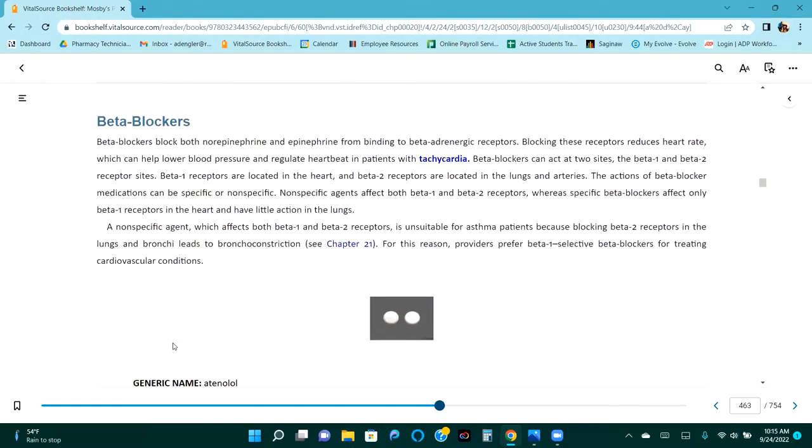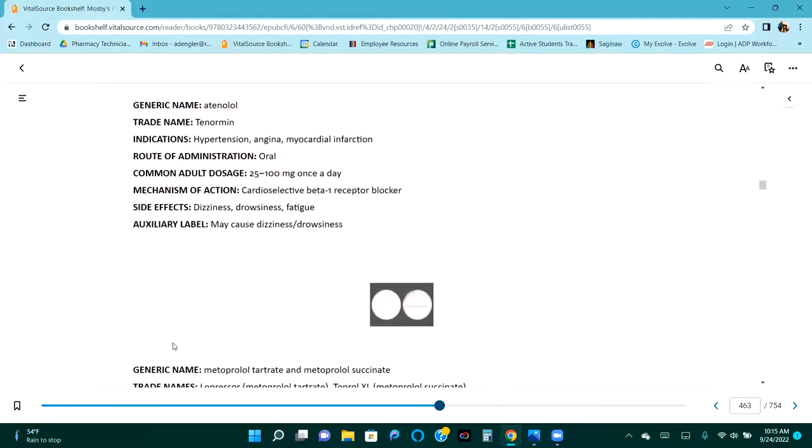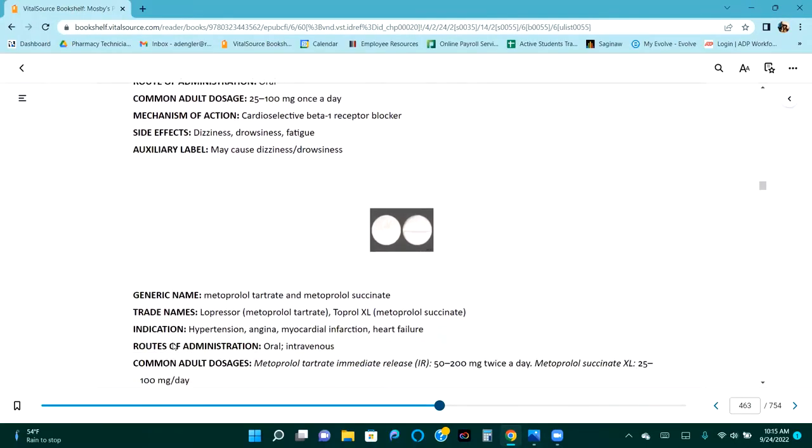Beta blockers block both norepinephrine and epinephrine from binding to beta adrenergic receptors. Blocking these receptors reduces heart rate, which can help lower blood pressure and regulate heartbeat in patients with tachycardia. Some examples: atenolol, used for hypertension, angina, and myocardial infarction, like a heart attack.